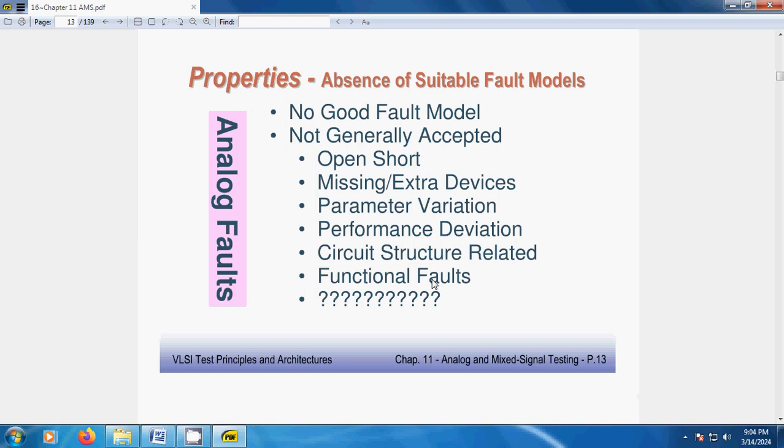Another manufacturer, or for another type of application, may use predominantly current mode. So we are not able to standardize a common fault model for each circuit because the types of circuit available in analog ICs is very large. This is one of the major drawbacks in analog faults.